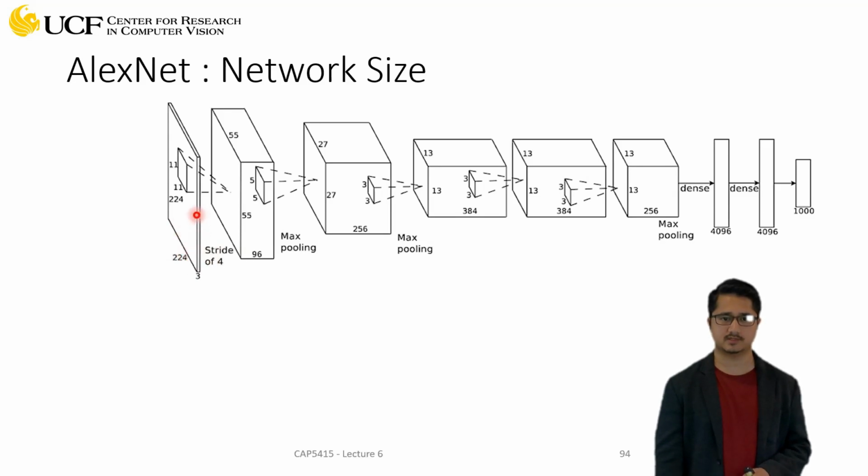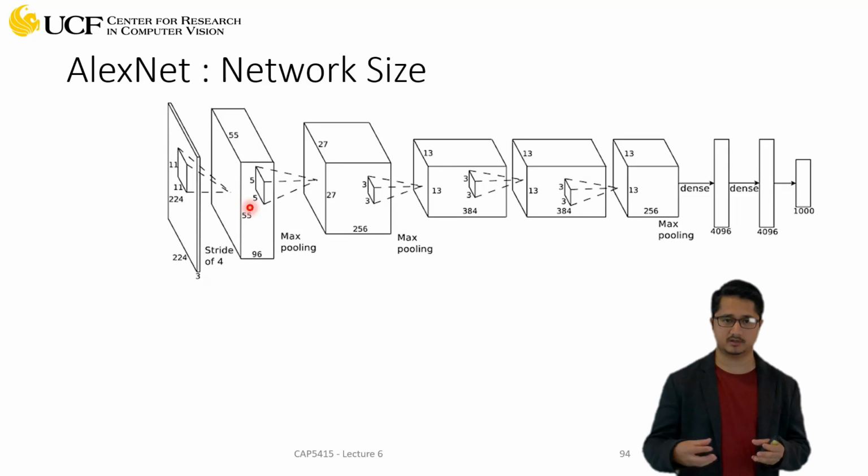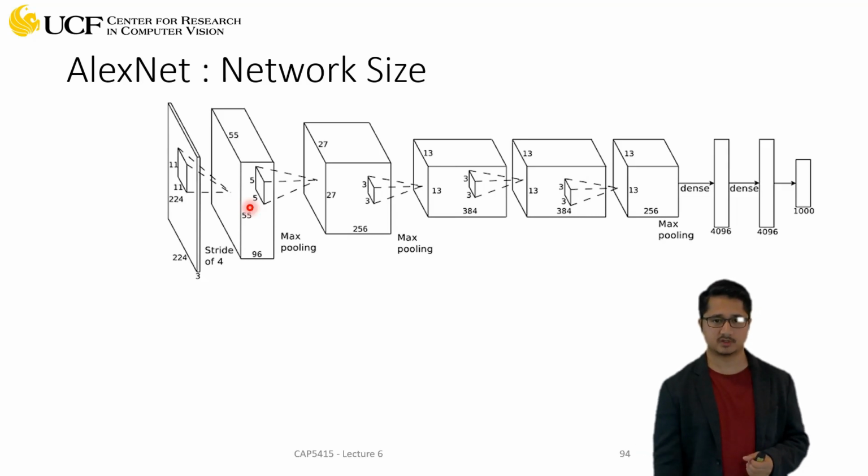It should be 227, 227. I directly took this image from the original paper, and there itself it was a typo. So don't worry about that. Then 3 is the number of channels you have in the RGB image. So the first layer is the convolution layer, and all these cuboids shown over here are the activation maps, or the intermediate activation maps in the network.